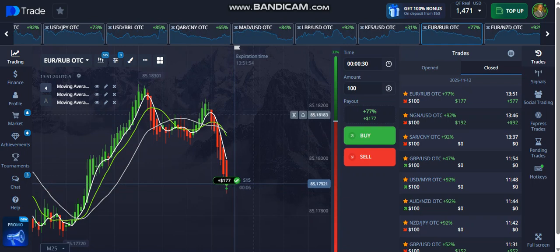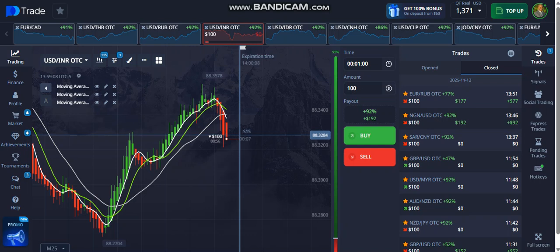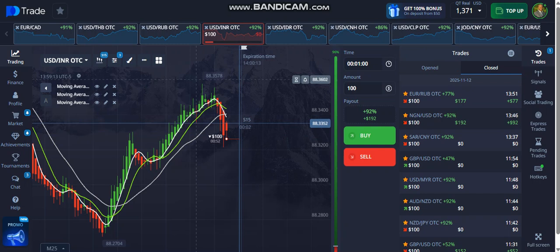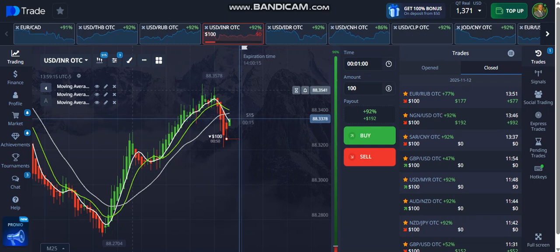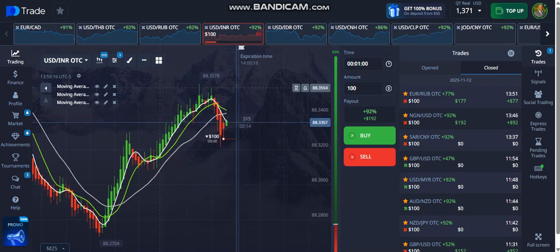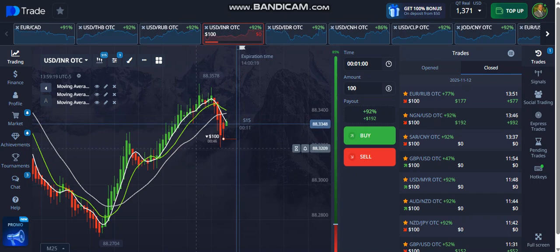Okay, so let's look for another trade setup. Okay, so I just caught a USD INR OTC pair trade, and I took a sell trade on it.